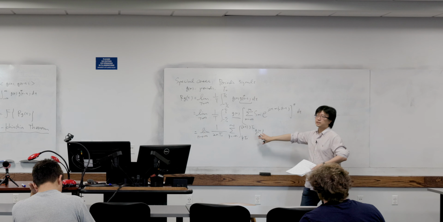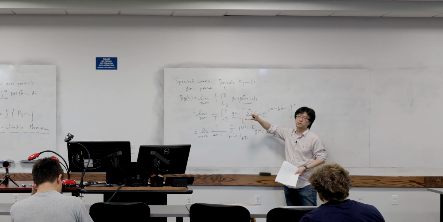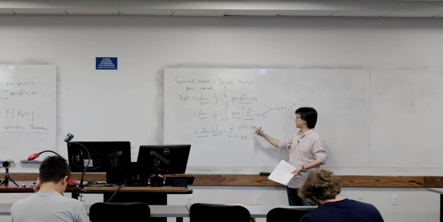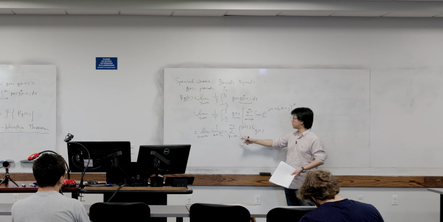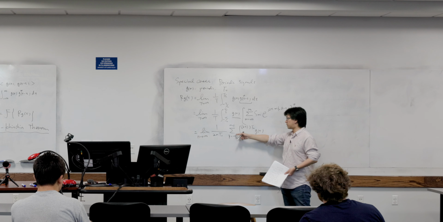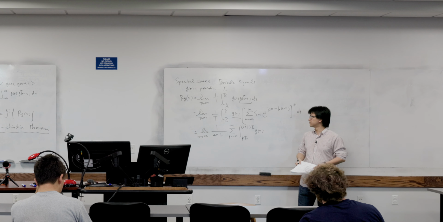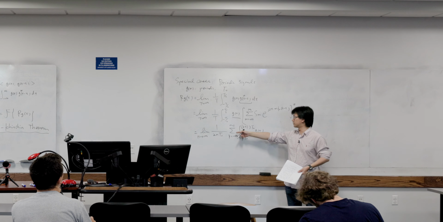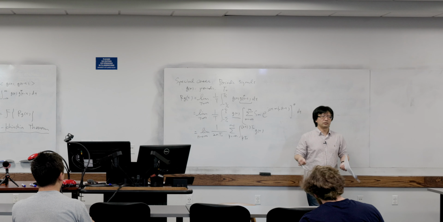Does that make sense? Basically, we break this big integral into a bunch of small integrals, and the length of each small integral is t naught, and then we add them up together. The reason we have from minus n to n minus 1 is to make sure that overall we have 2n items, not 2n plus 1. If you make it from minus n to n, then we need to make this 2n plus 1, which is also okay.